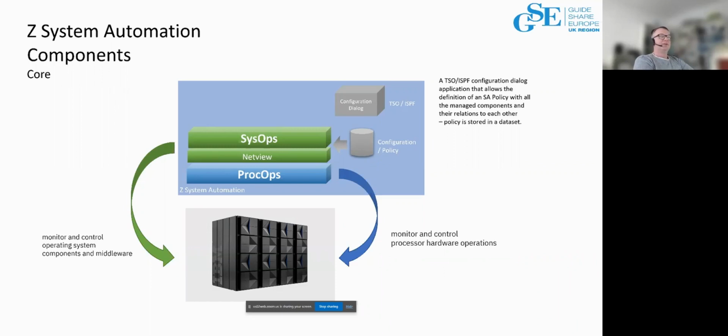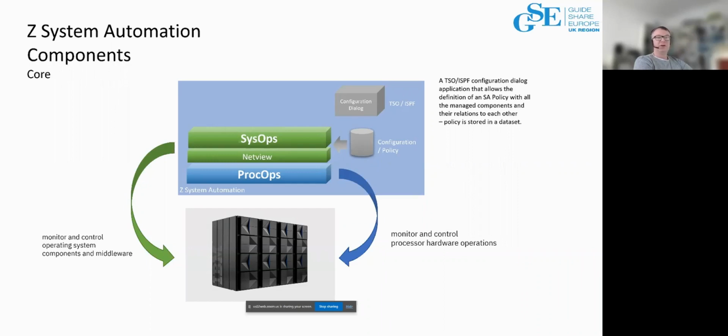The configuration dialog is actually a TSO ISPF application that is used to define the so-called policy, which defines all the components to be automated, how they are started, how they are stopped, how they are monitored to see if they are alive, and what to do when one of those components issues a message on the system console and how to act on that.